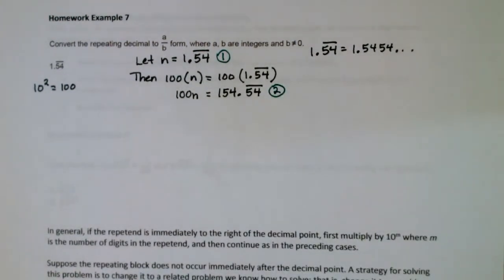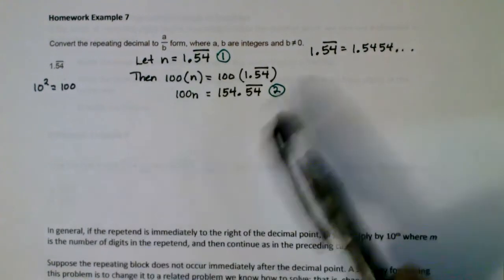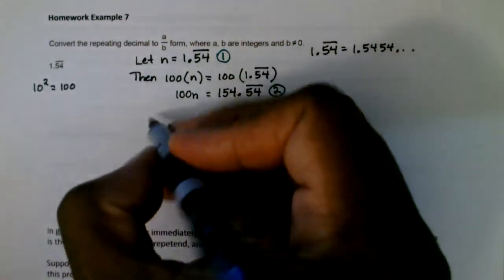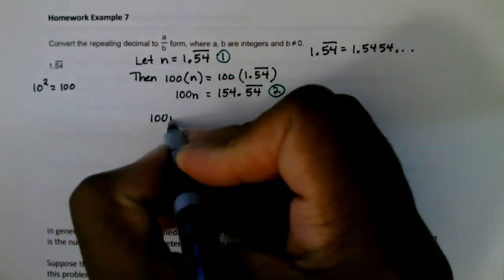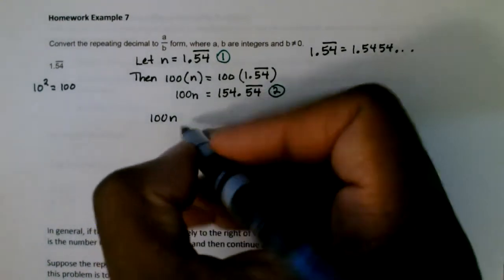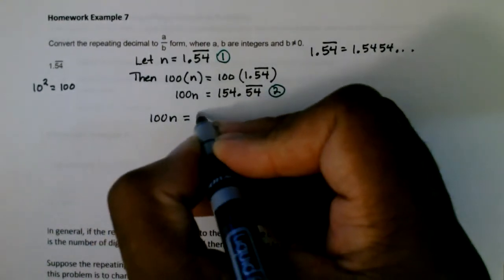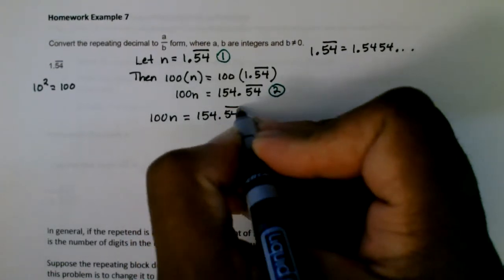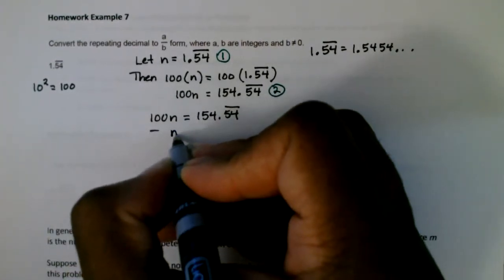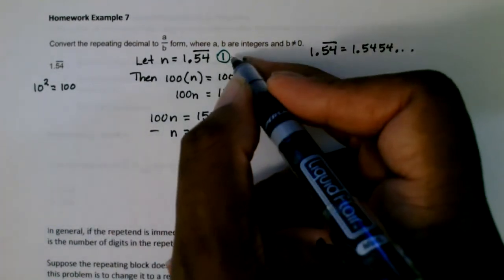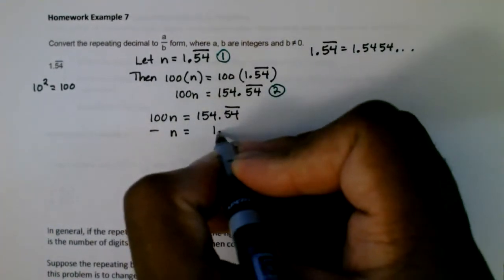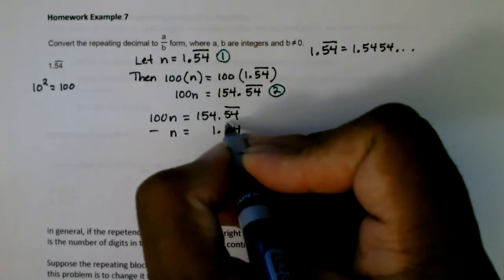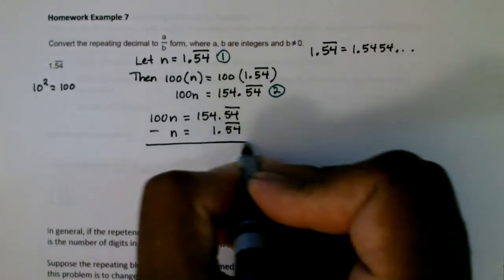So here I'm going to be doing equation 2 minus equation 1. This will be 100n equal to 154.54 repeating, minus n, that's equation 1, 1.54 where the 5 and the 4 repeats.